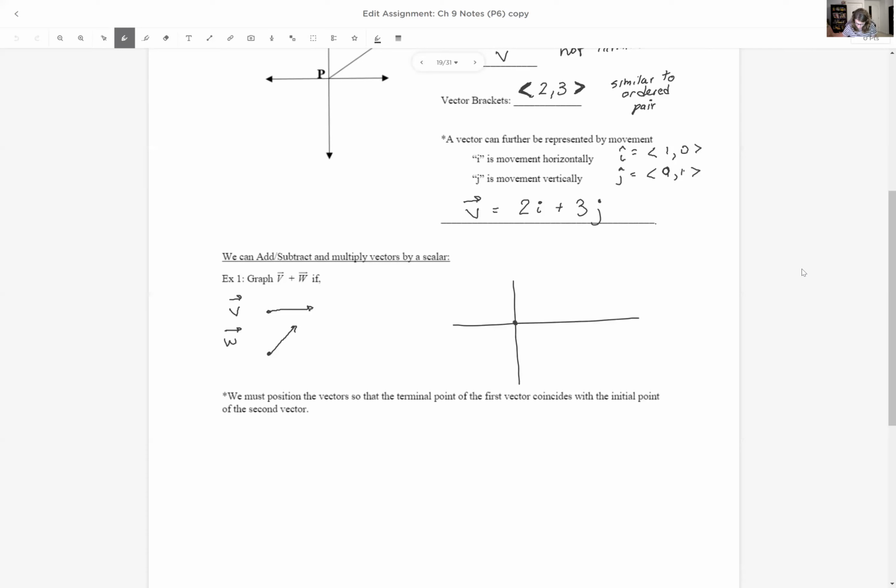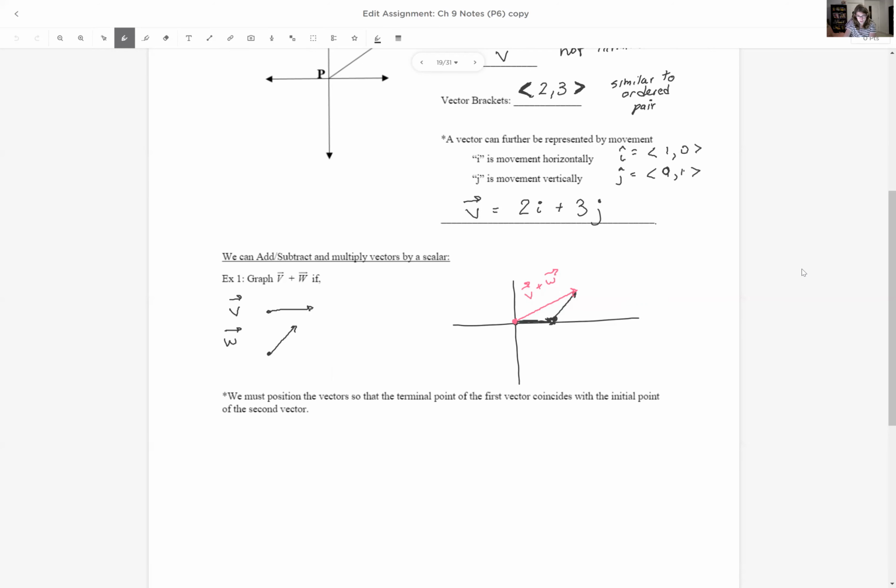Again, this is a sketch, because v is going to take us about how long I drew it. We're going to do that first, and then we're going to go in the direction that w goes, and w looks like that. So our vector v plus w is this one that I'm drawing in this pink color.